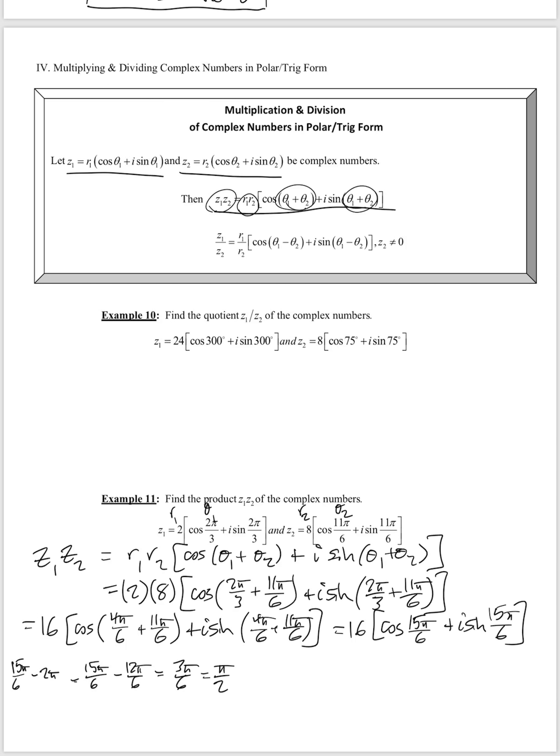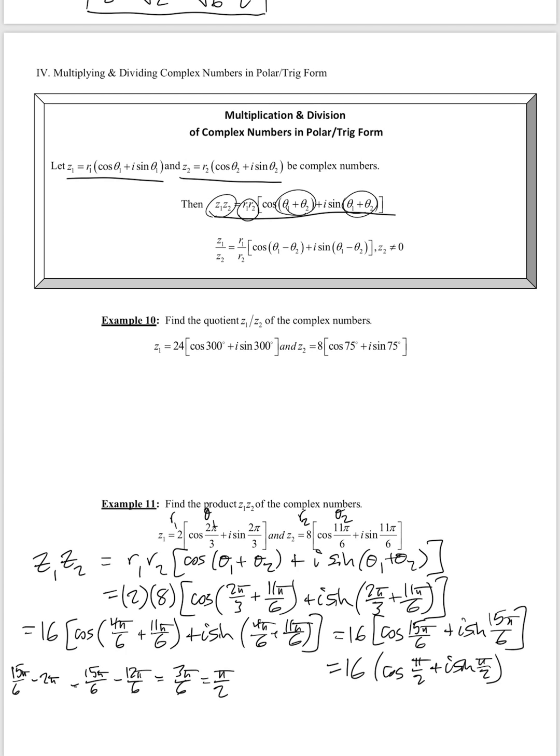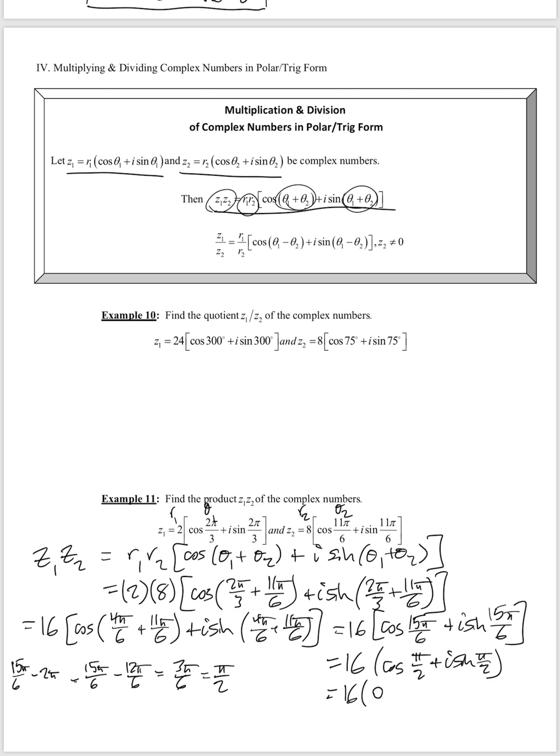So the angle there is actually cosine of pi over 2 plus i times the sine of pi over 2. Cosine of pi over 2 is 0, and the sine of pi over 2 is 1. So 0 plus i times 1, that's just i. So 16i.